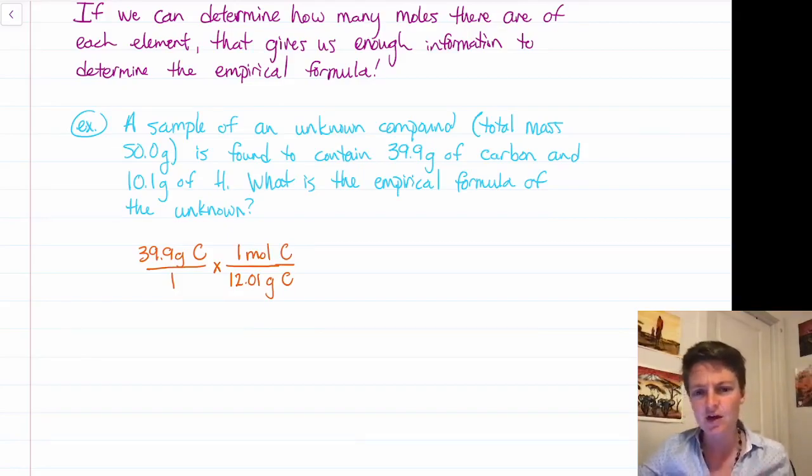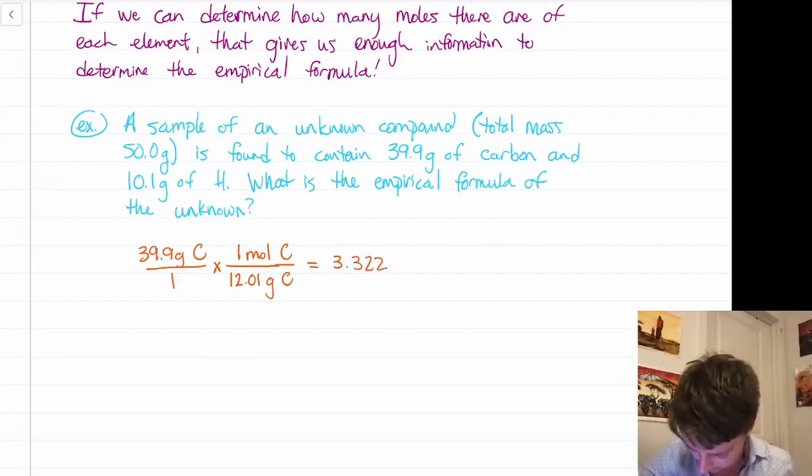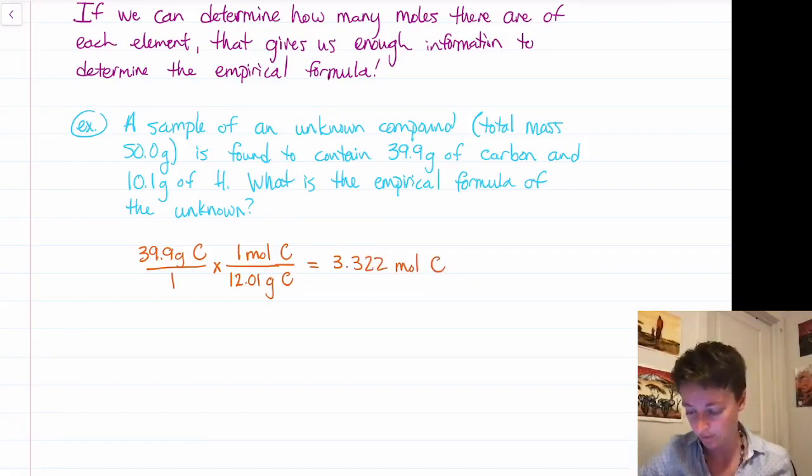And it's good to remember that we're talking about carbon atoms, not some sort of molecule that has multiple carbon atoms. So just straight up carbon, no subscripts. If I type this into my calculator, I figure out that there is 3.322 moles of carbon that's present in this 50-gram sample.